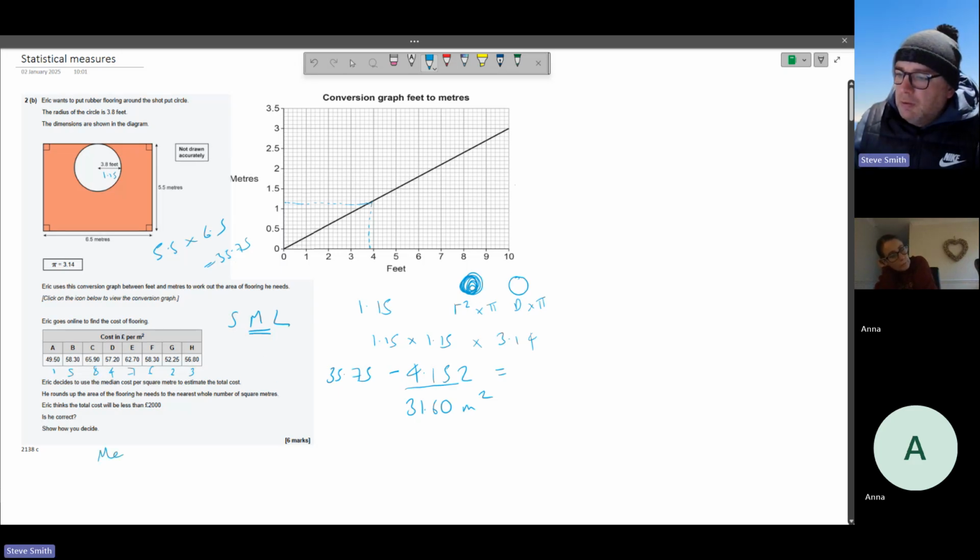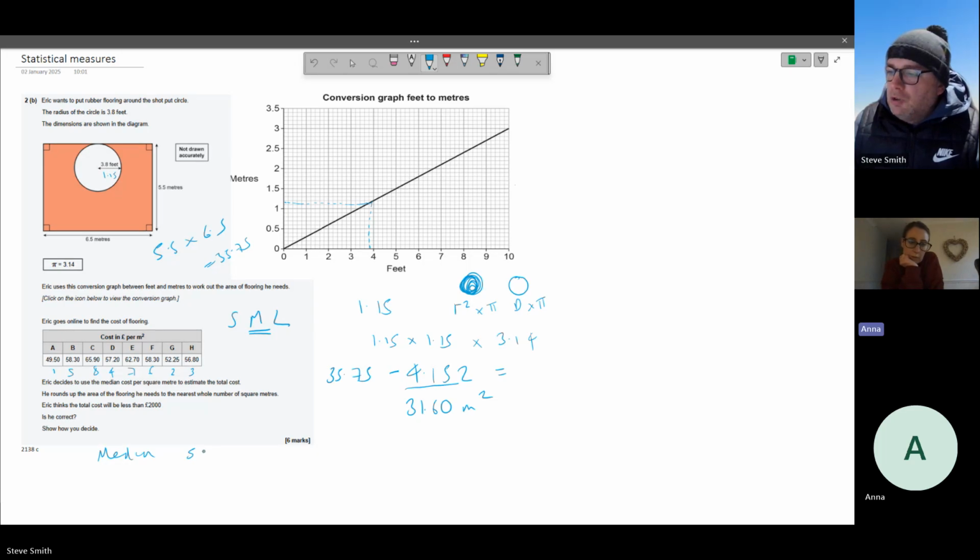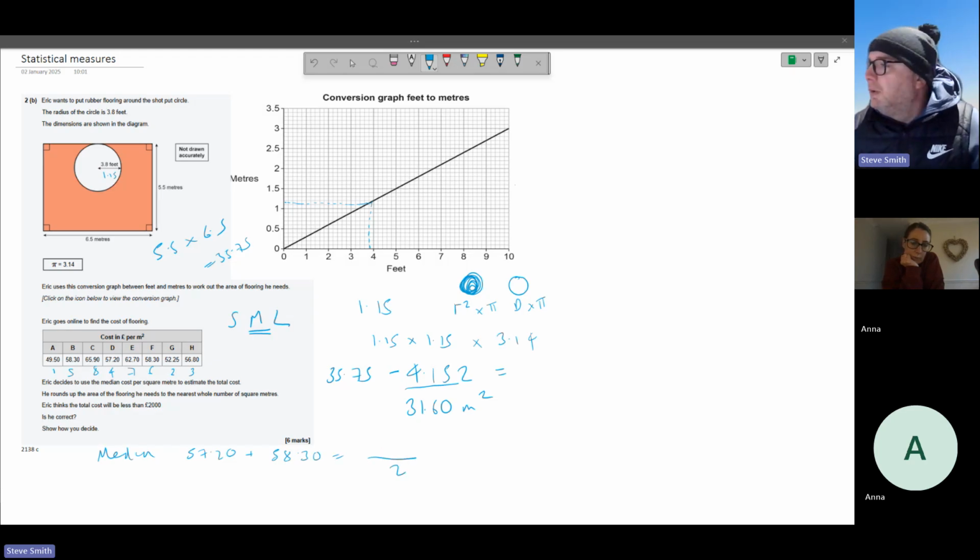So I'm going to go median is 57.2. Add 58.3 equals, and then we need to divide those numbers by 2 to get the middle price. Right, let's get my calculator back open again.